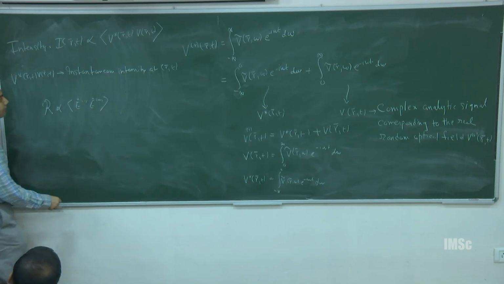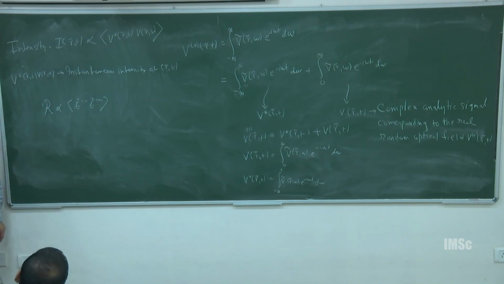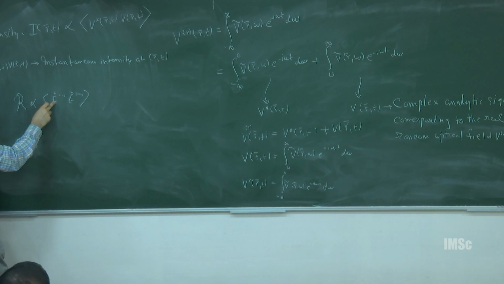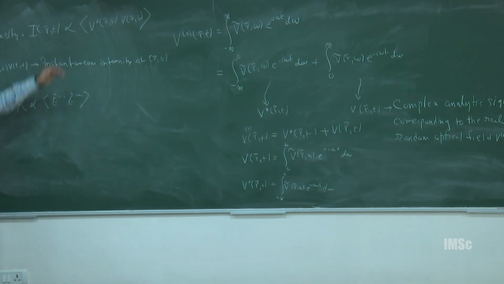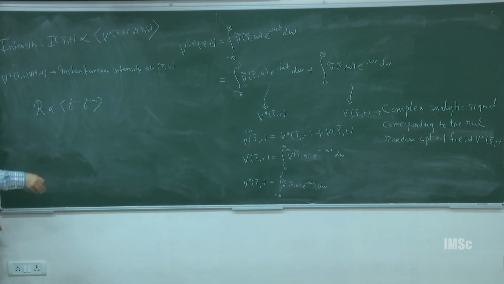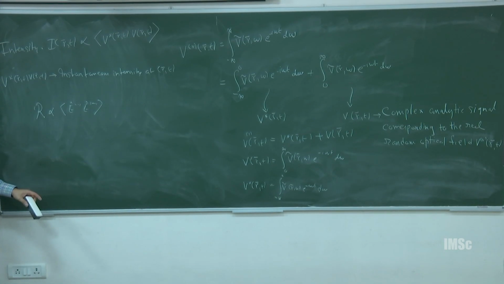This E minus corresponds to V conjugate, and E plus to V, the positive frequency part, and this is the negative frequency part. This is how we define the detection operators. So the idea of the complex analytic signal can be translated to the realm of quantum optics in a very straightforward manner.